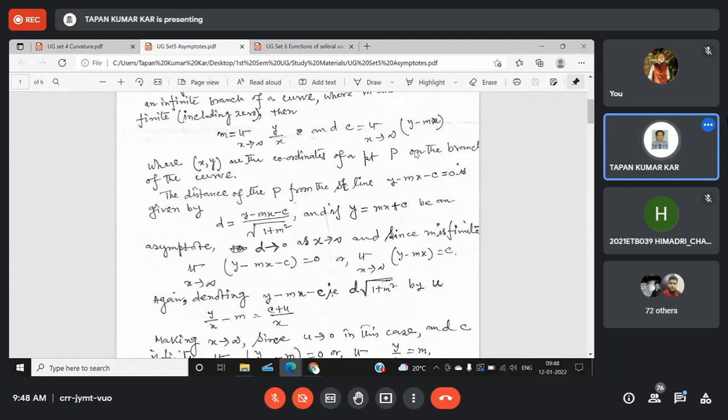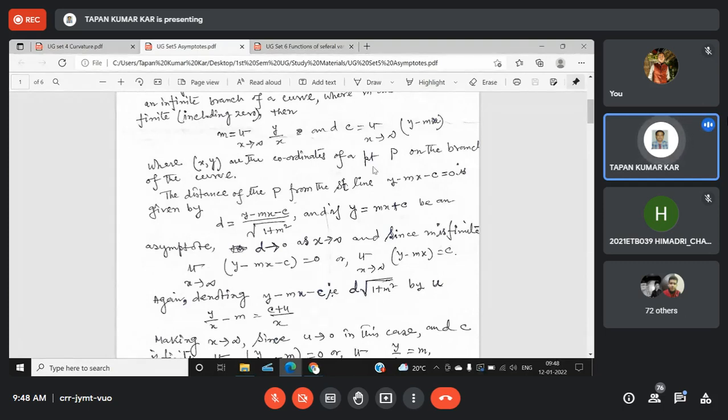To determine these constants m and c, you can find the distance from any point to the straight line, that is d equal to y minus mx minus c divided by root over of this, and since d tends to 0 as x tends to infinity, from here you can easily derive m equal to limit x tends to infinity y by x and c equal to limit x tends to infinity y minus mx.